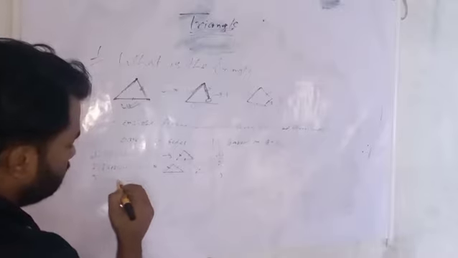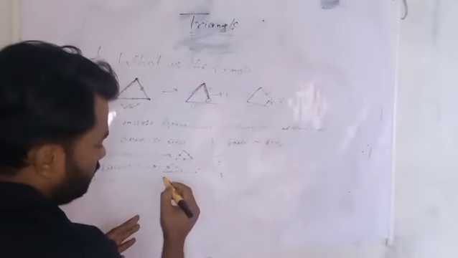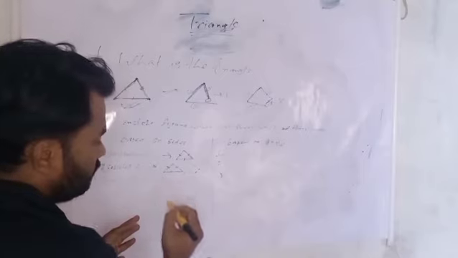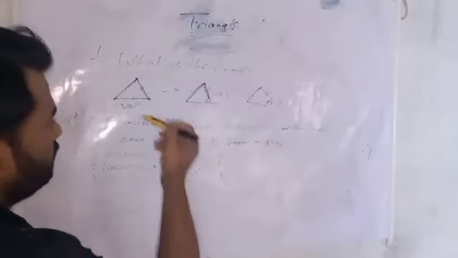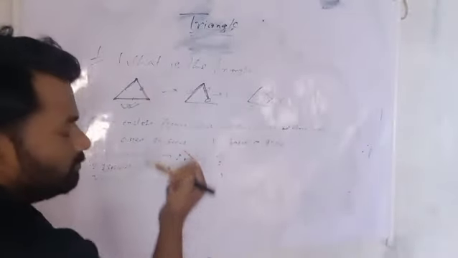Next, scalene triangle. A scalene triangle has no sides equal. All 3 sides are different, and no side is equal to another. First, we have understood what a triangle is: an enclosed surface which has 3 sides.